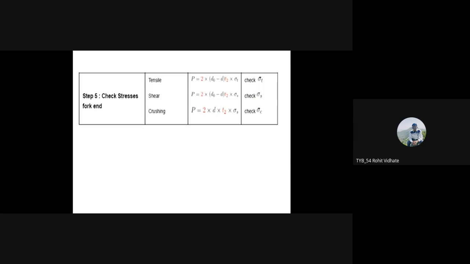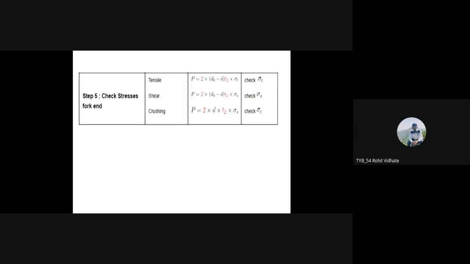For the tensile failure, the formula we have derived is P is equal to 2 into (DO, that is the outer diameter of that fork eye, which is equal to the outer diameter of that single eye, minus d, that is small d, the diameter of the pin) multiplied by T2, the thickness of the fork section or double eye section, multiplied by sigma T, that is the allowable or design tensile strength of the material.